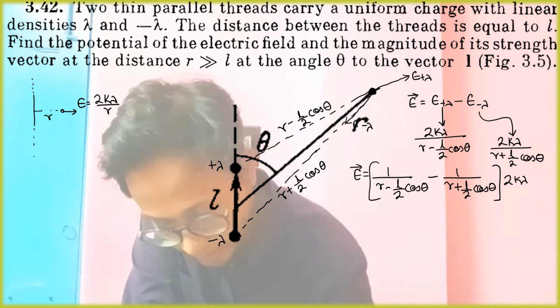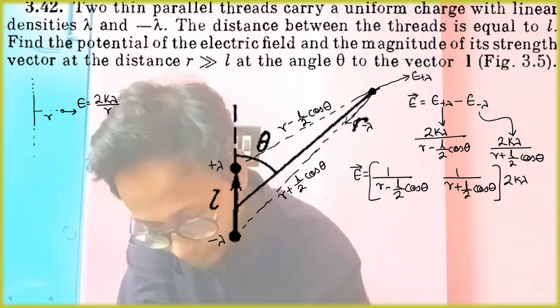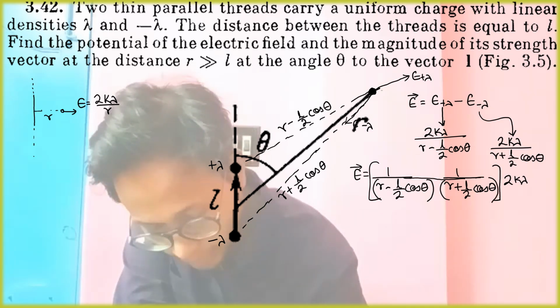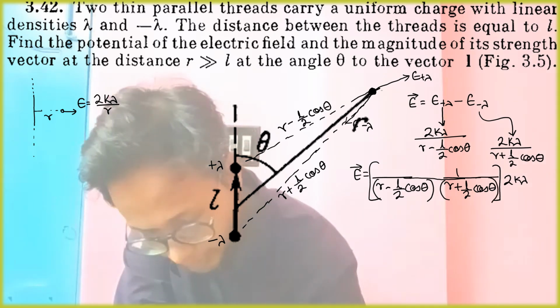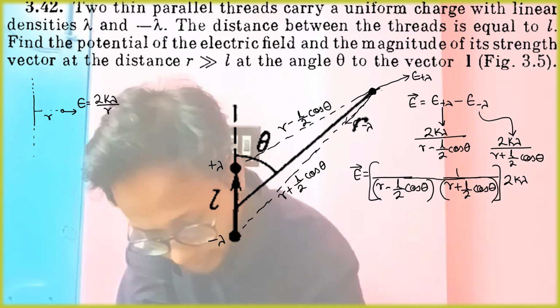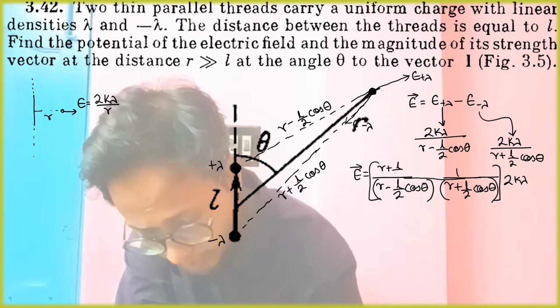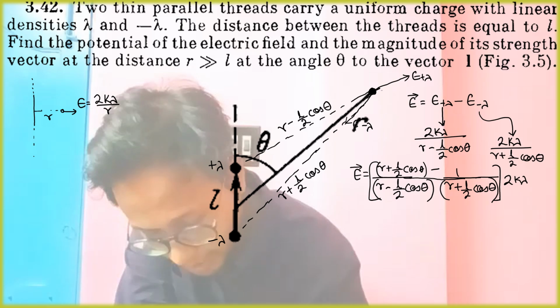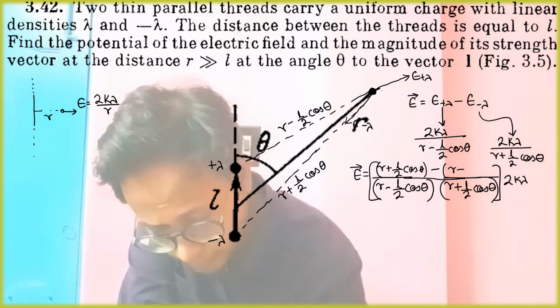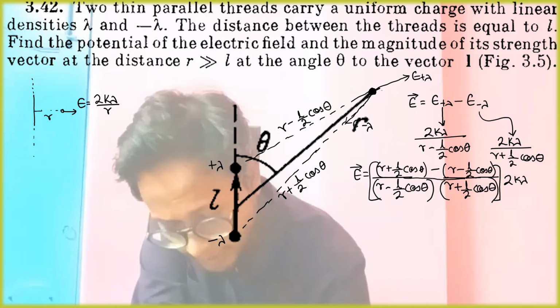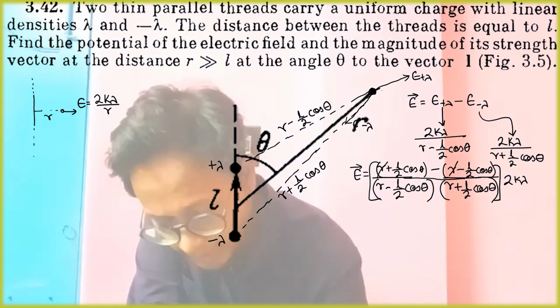We'll take the LCM. If I take the LCM out here, in the numerator we obtain r plus L by 2 cos theta minus r minus L by 2 cos theta. Fair and fine. This r and this r would get cancelled.